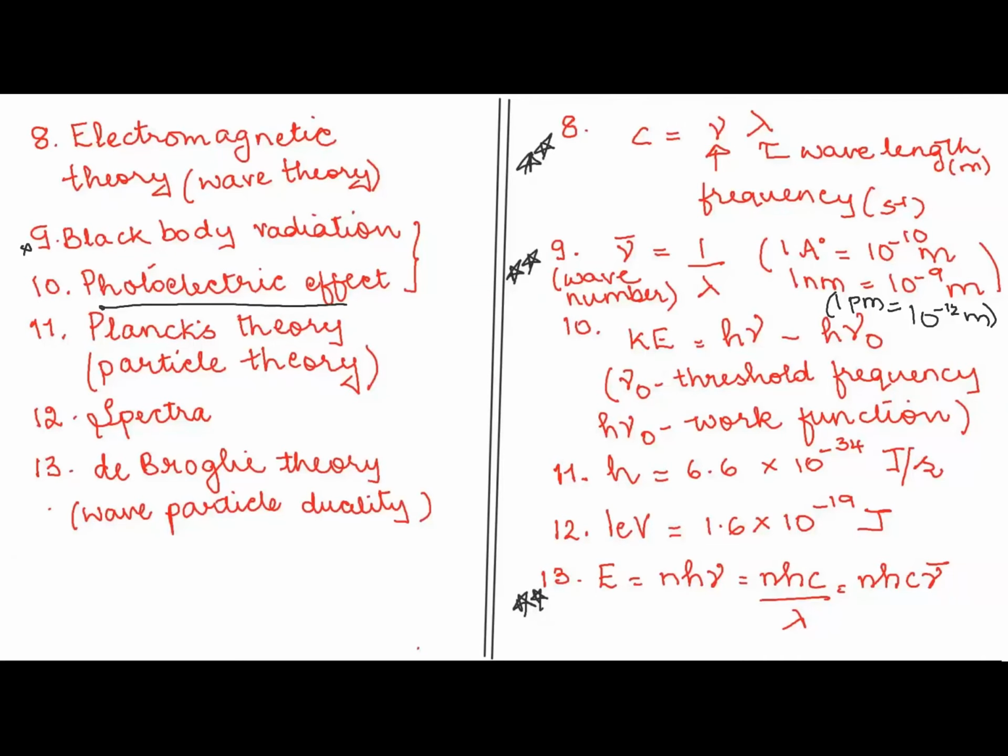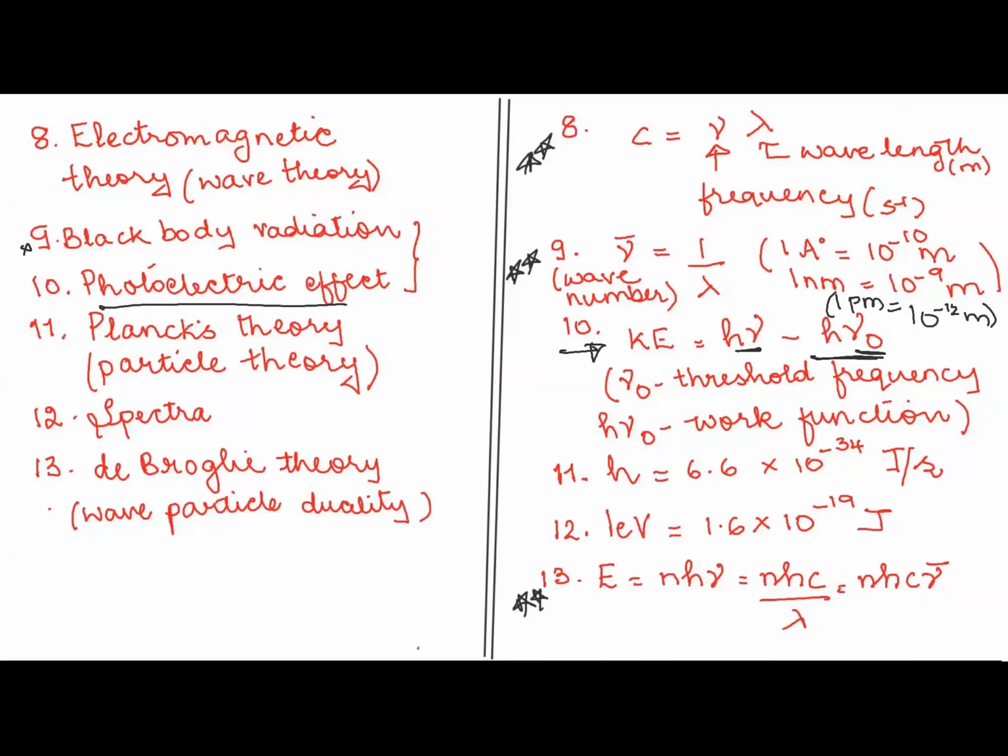In photoelectric effect, you have this formula here. Kinetic energy is equal to h nu minus h nu naught. Photoelectric effect, like the name suggests, is the ejection of an electron when light is incident upon a metal surface. So the kinetic energy of that electron will be equal to h nu minus h nu naught. Here nu naught is like one standard frequency.